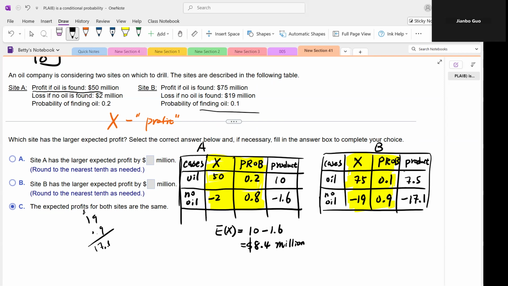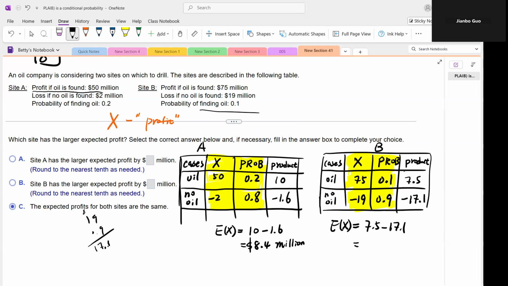So the expected value of the profit, or the expected profit, would be the addition of the two products. 7.5 plus negative 17.1. As you can see, wow, this time we would have a negative. Wait a second, let me double check.